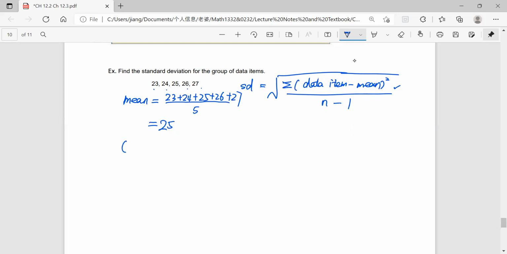And then we can compute this part. Each data minus 25 and squared. So 23 minus 25 squared, this is the deviation squared for the first item.